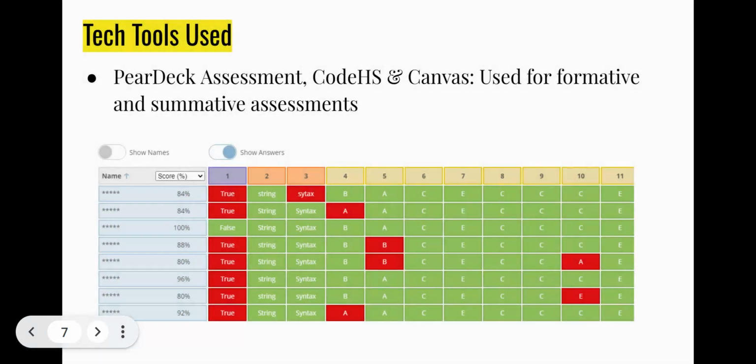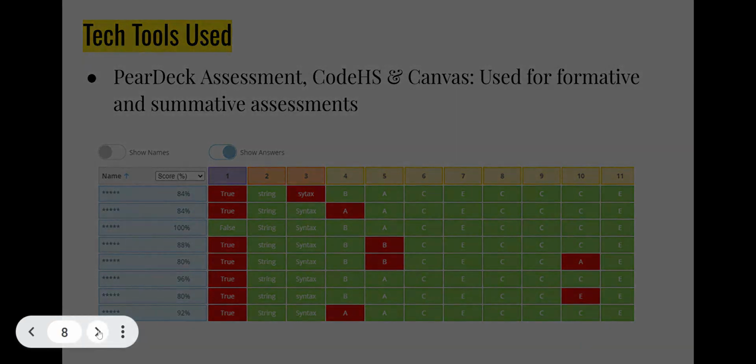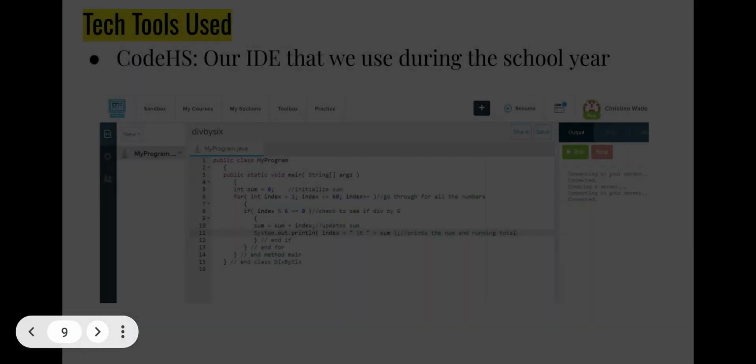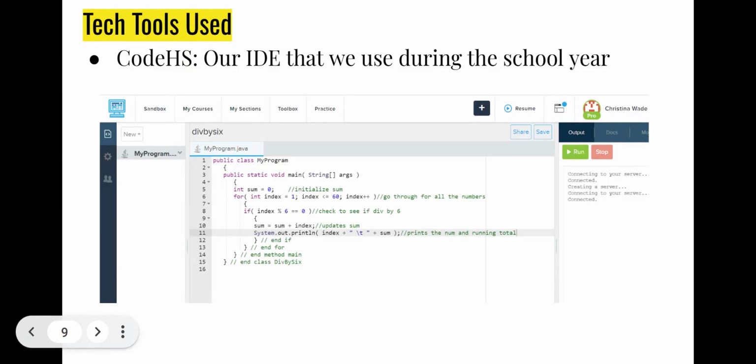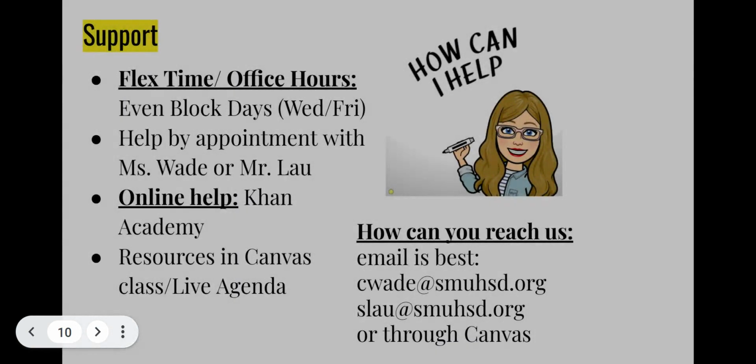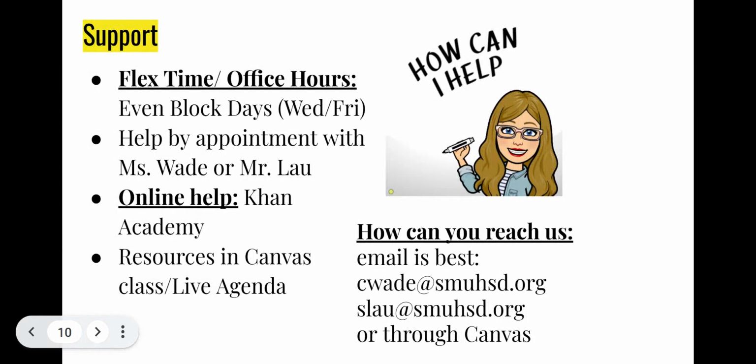We do a lot of tech tools, so we use Pear Deck, which used to be Edulastic, for a lot of assessments, Canvas, and CodeHS. We also do a lot of activities, like Kahoots and different types of games to help you. CodeHS is online, so you should be able to access it anywhere, from home, from school, and you can also collaborate with other students in class.